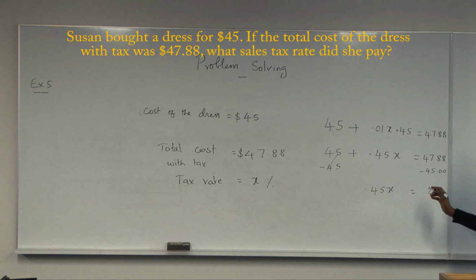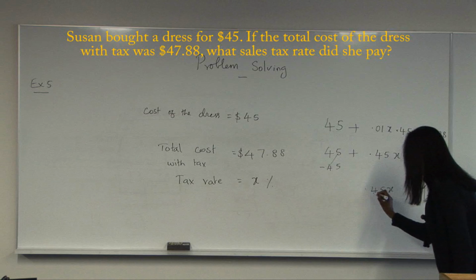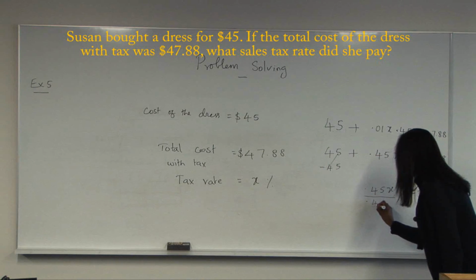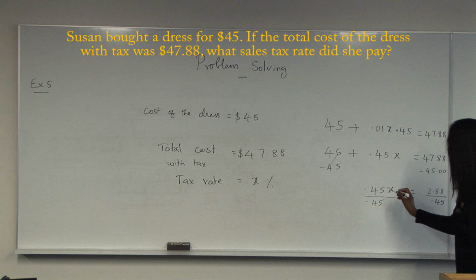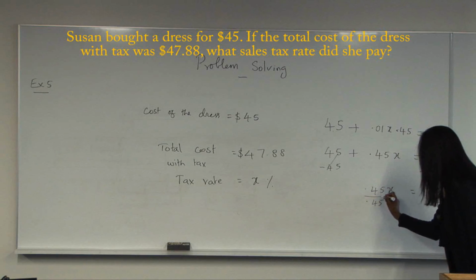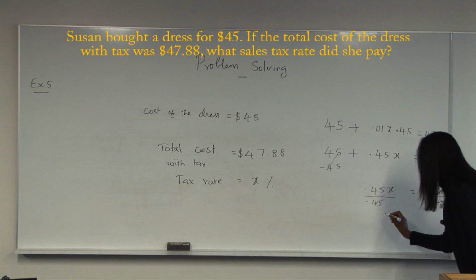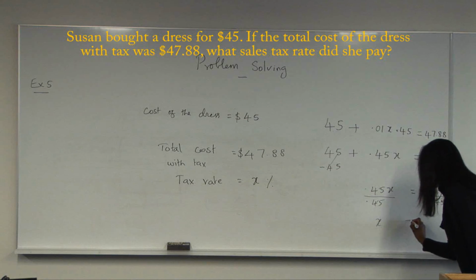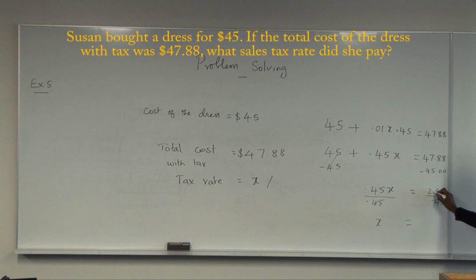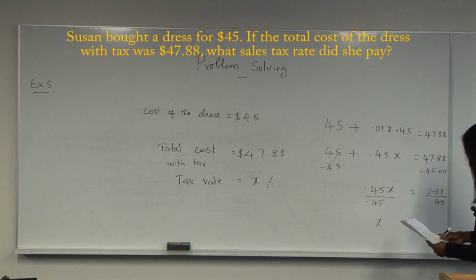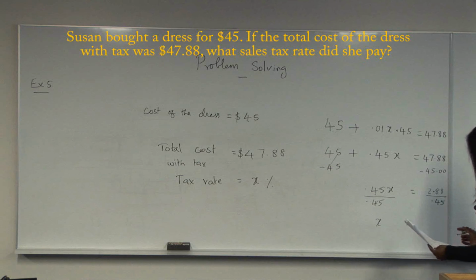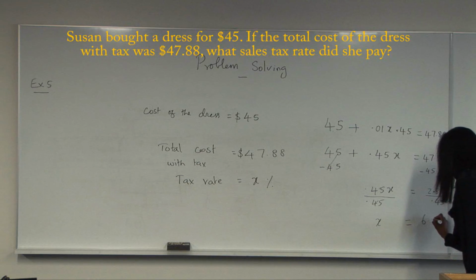Now we are looking for X, so divide both sides by 0.45. This over this becomes 1. So now x is equal to, you can find out by using your calculator or just doing the division, that this is equal to 6.4.